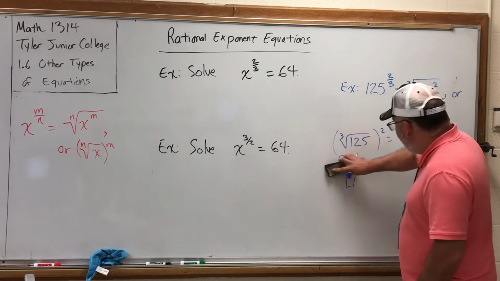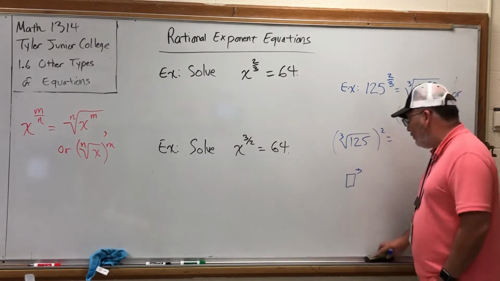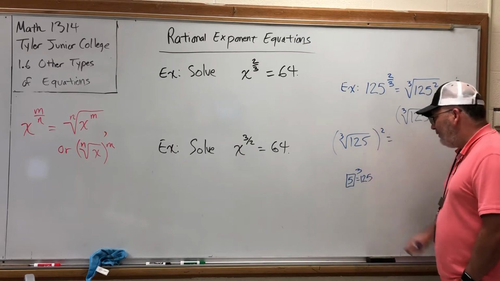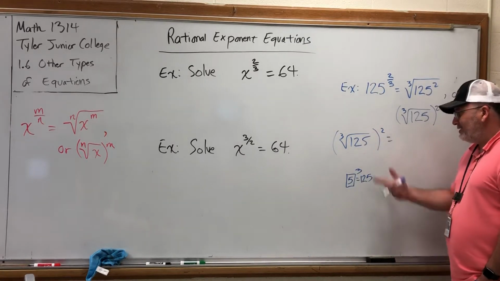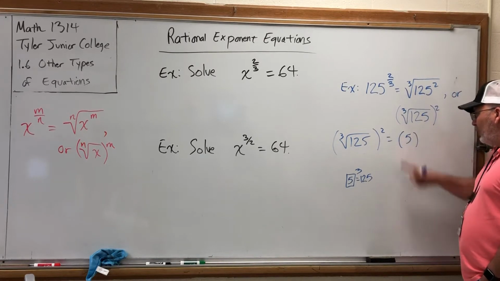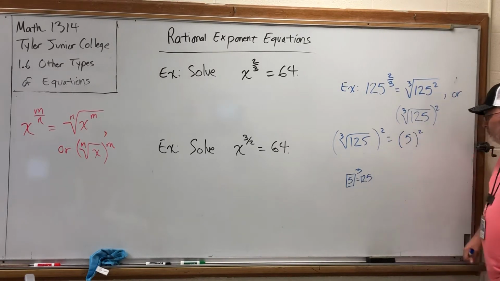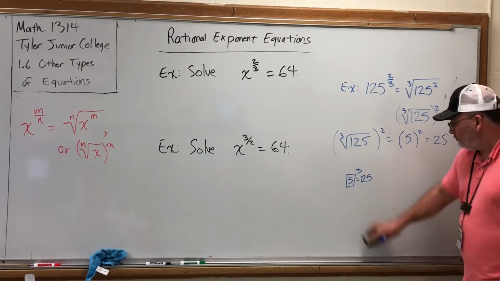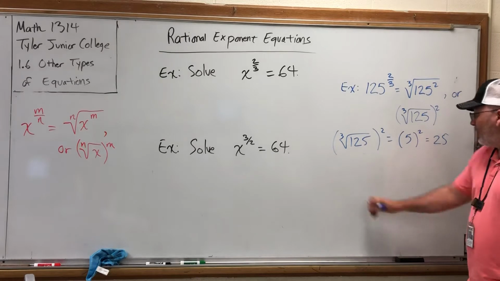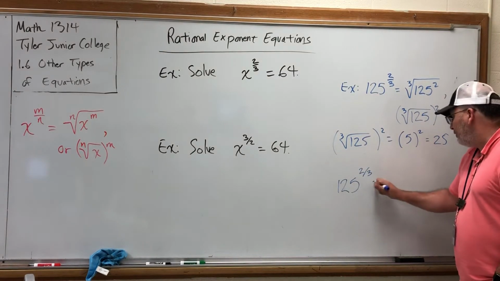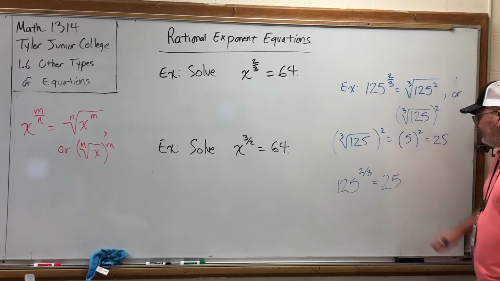Now, you may have to guess, or you may have a calculator that can do it for you, but 5 to the 3rd power is 125. And what that means is the cube root of 125 is 5, but we haven't squared yet. And 5 squared, of course, is 25. So that means that 125 to the 2/3 power is 25.